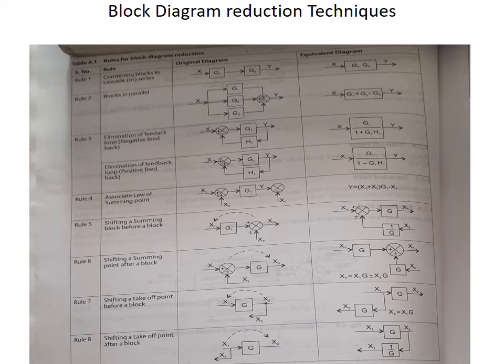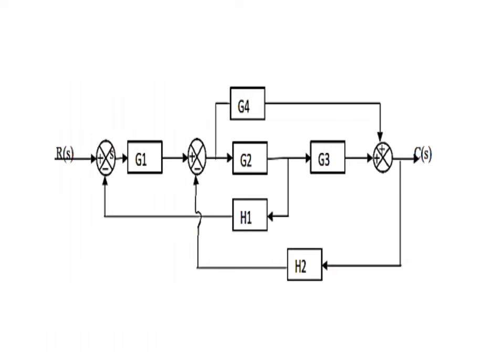These are some of the most commonly used rules in the block diagram reduction technique to find the overall transfer function of the given block.